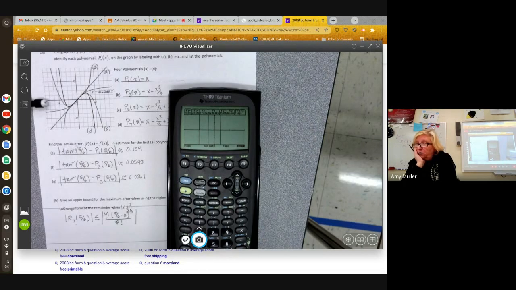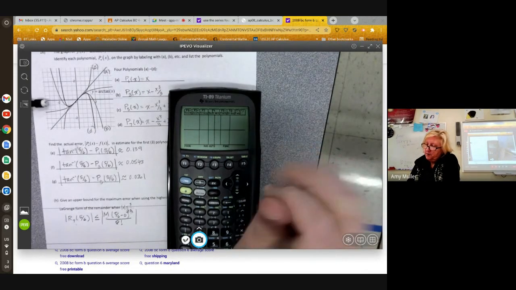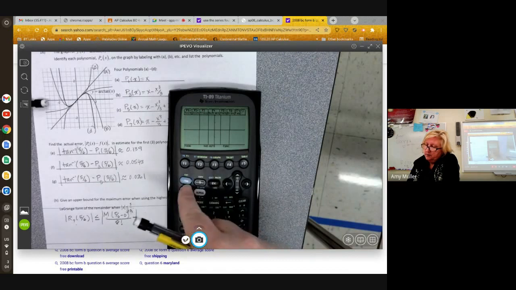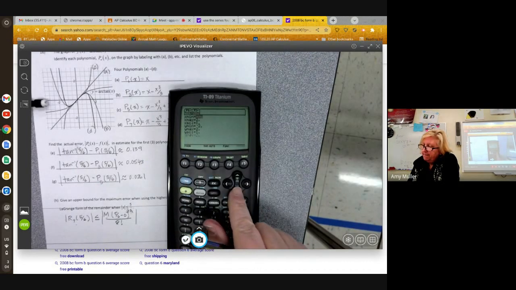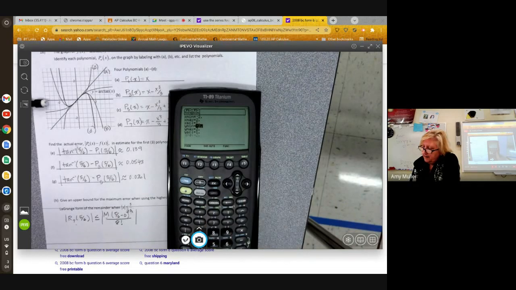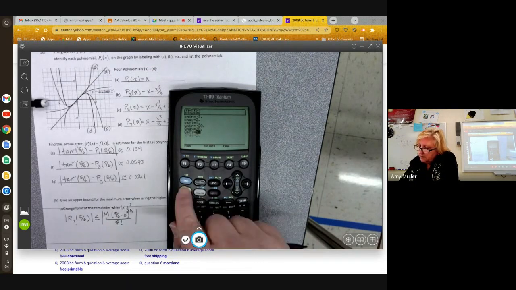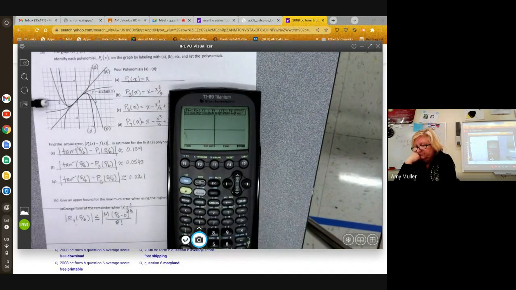I graphed only Y5. How do you cancel it again? Press on. Okay, so it looks like I have to have a bigger window. So diamond F2, what should we do? Negative. Do you do 20?